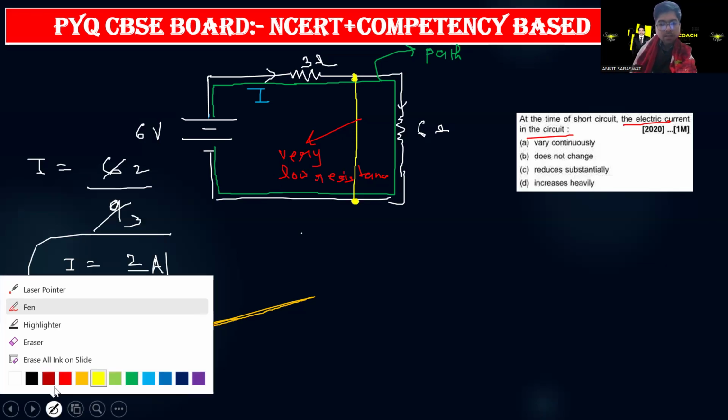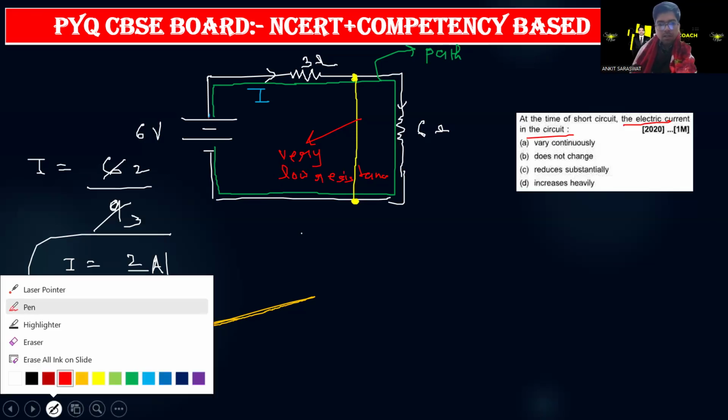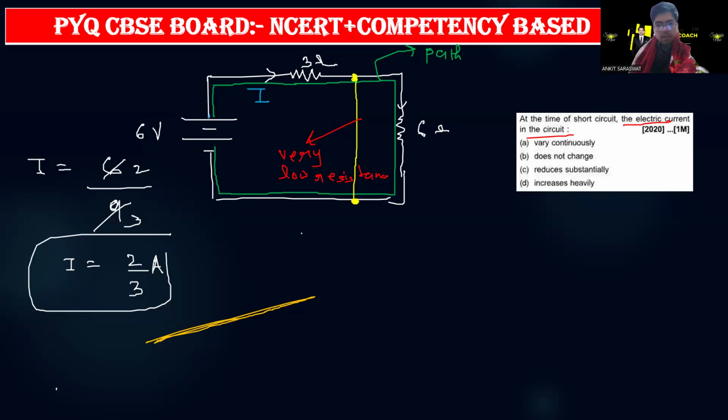Now current starts from here. Initially what was the path, and now what is the path? Now current will flow like this. I'm drawing it here. Current is going like this. This path has negligible resistance, so current always follows the path which has low resistance.